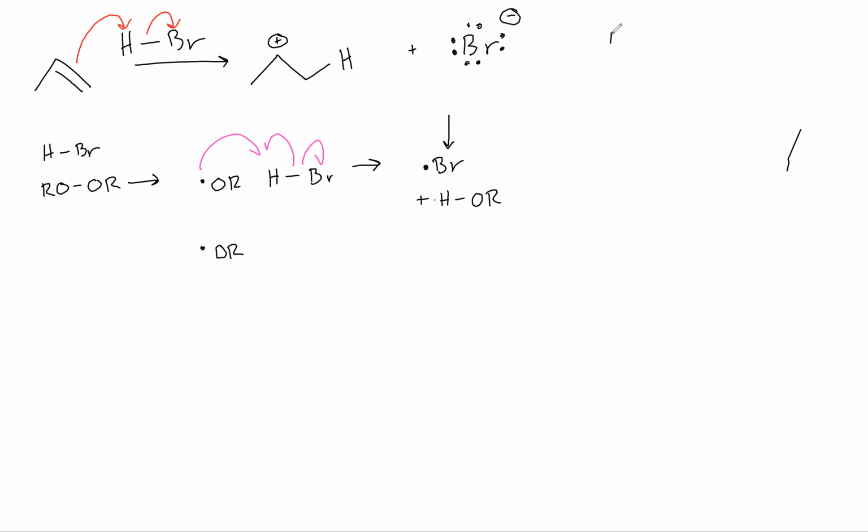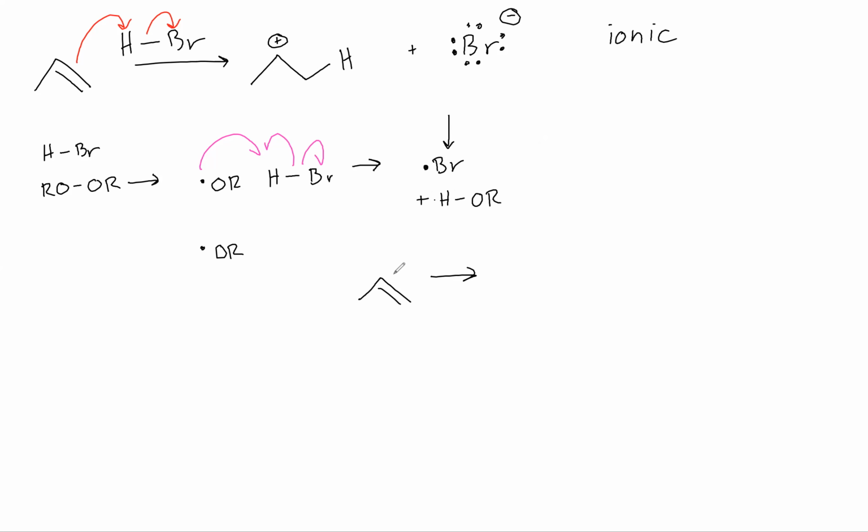If we look at ionic addition, the hydrogen reacts first. Now we're going to have the bromine react first. If we react that bromine with the same double bond here, it's going to create a radical from that double bond.